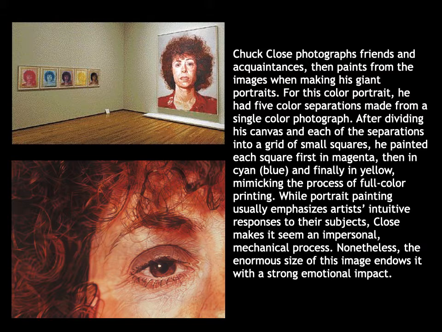So you can see he has there magenta, cyan, and yellow, sort of mimicking the process of full color printing. But he actually painted through each one of those layers. And he's very interested in this idea of seeing painting as a mechanical process.